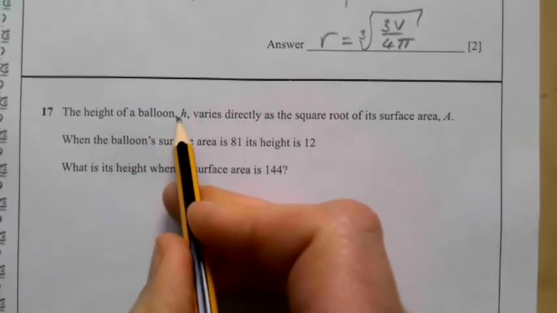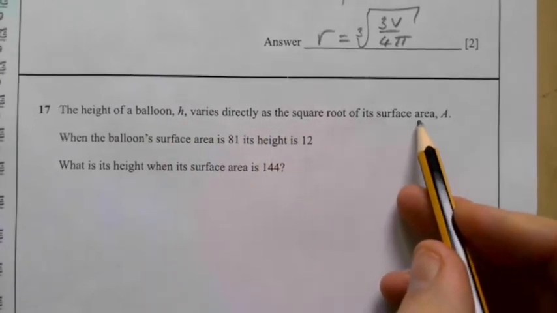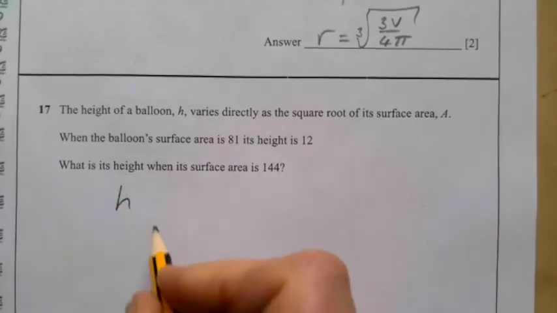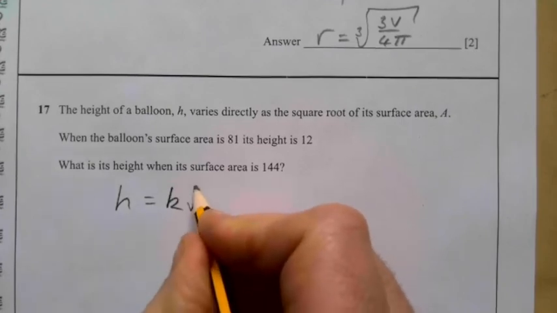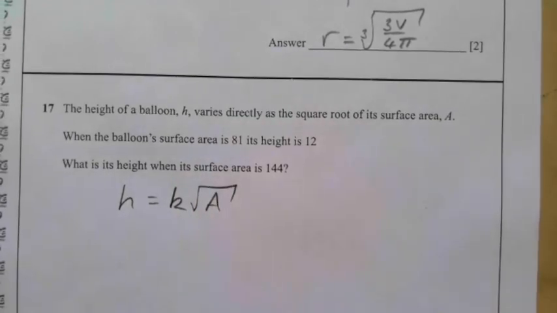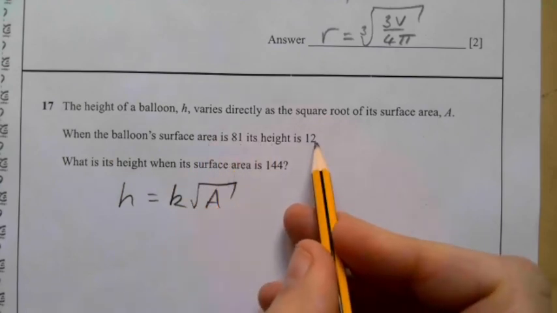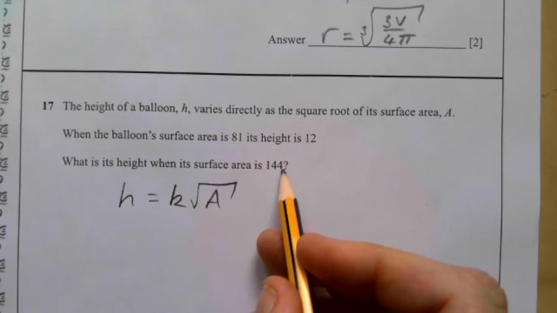The height of a balloon h varies directly as the square root of its surface area A. H equals k square root of A. When the balloon's surface area is 81, its height is 12. What is its height when the surface area is 144?